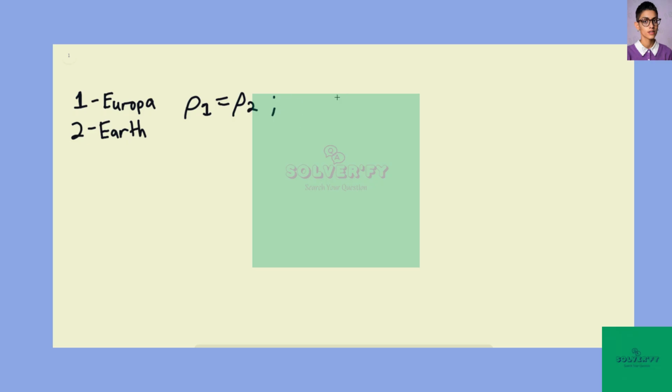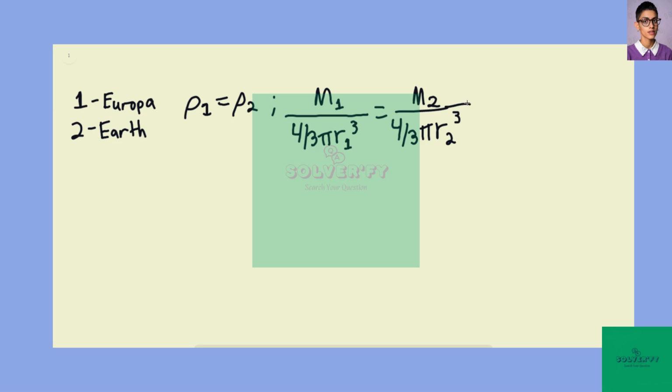And we can further define this and say that the mass of Europa divided by 4/3 pi r sub 1 cubed is going to be equal to the mass of Earth divided by 4/3 pi r sub 2 cubed. This is essentially the definition of density, mass divided by volume, and we're going to model Europa and Earth as perfect spheres.